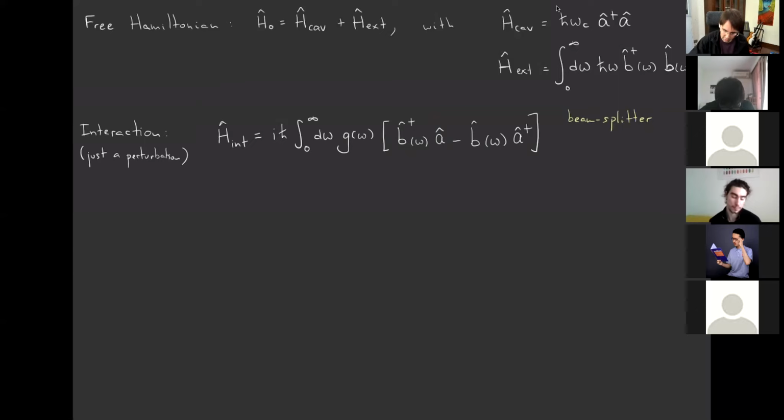So each of these Hamiltonians for each omega is called a beam splitter Hamiltonian. And as I say, it comes simply from the most generic assumptions, which are that the medium is linear, so it doesn't have nonlinear optics, and energy conservation.